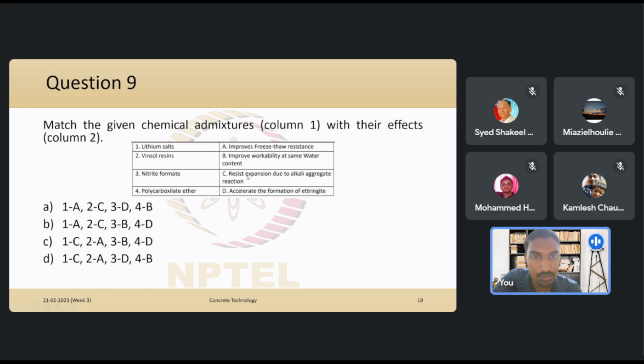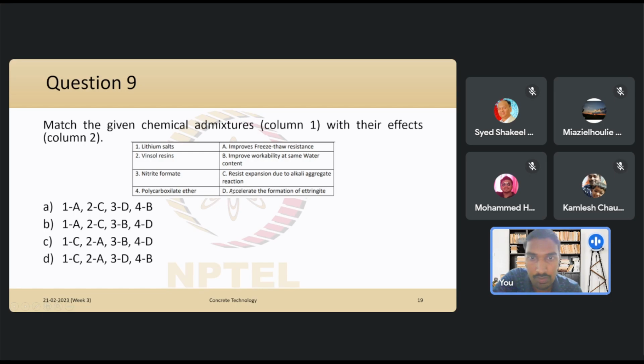It resists expansion due to alkali aggregate reaction. Vinsol resin is an air entraining admixture. Therefore, it helps us improve the freeze thaw resistance, especially in cold weather. And then nitrate formate is an accelerator, and therefore it accelerates the formation of ettringite.